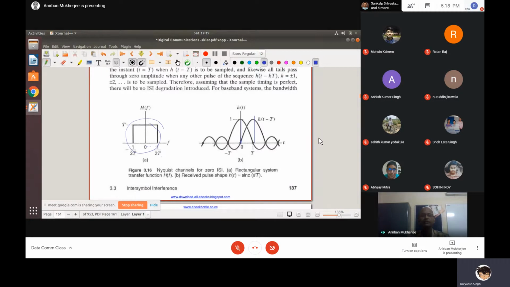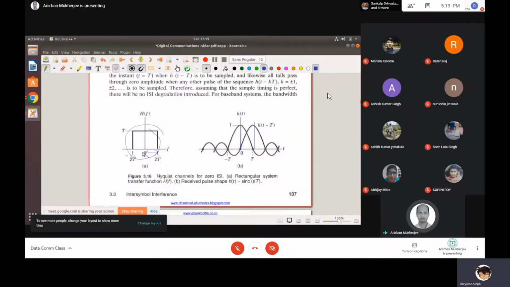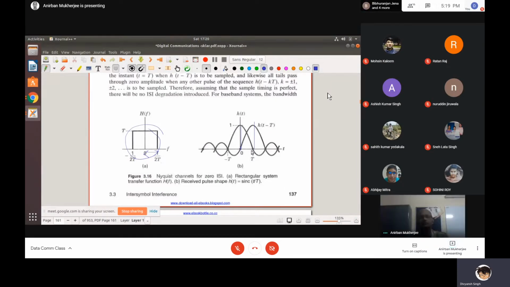Here, what about the bandwidth? If you say T equal to half, then that means 2 symbols per second.